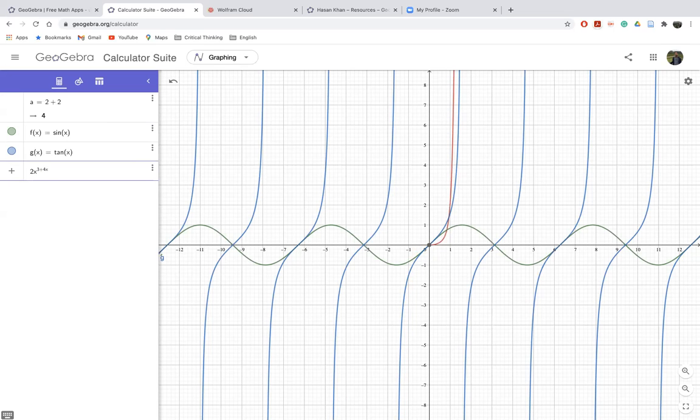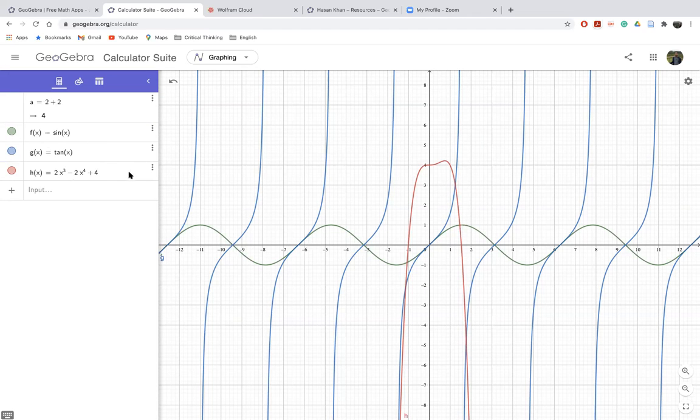Now you see we have 3 graphs, right? We have sin x, tan x, and this cubic equation.